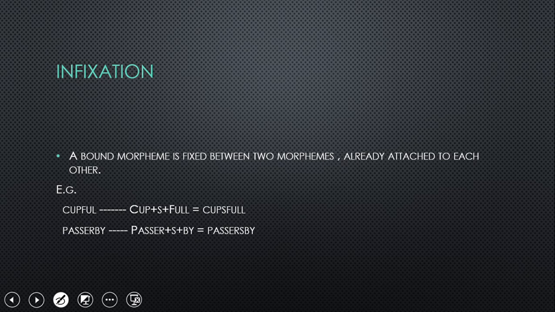For example, if I say cupful, cup was a morpheme, full was a morpheme, and I have now added the plural marker s, that is a plural morpheme, to the word cupful, and a new word will be formed, that would be cupsful. So I have sandwiched a plural marker in cup and full. So an entirely new word will be formed.